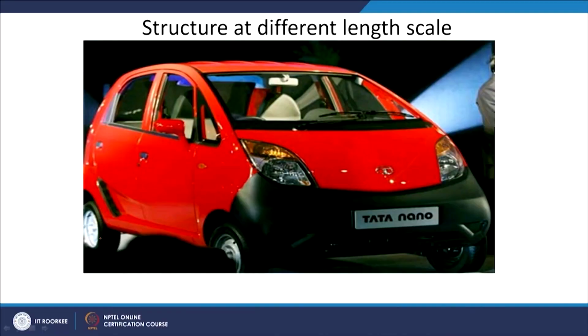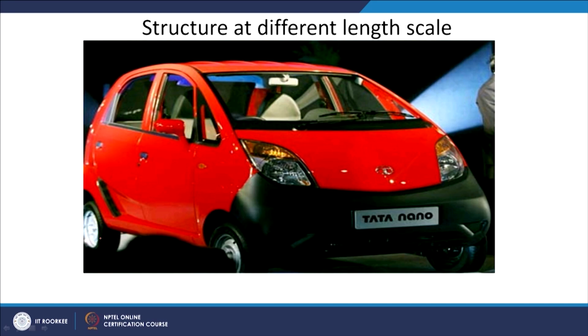Now, to end this lecture, I just want to bring a new flavor to the idea of materials. Suppose you take this very popular example, the Nano, which was launched by Tata at one time. You can see there are a lot of materials here.